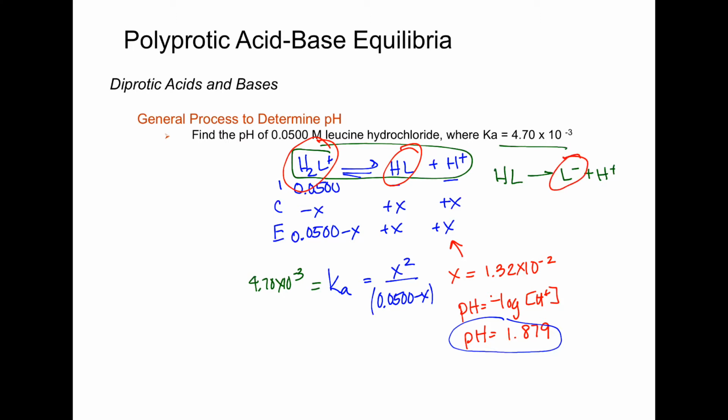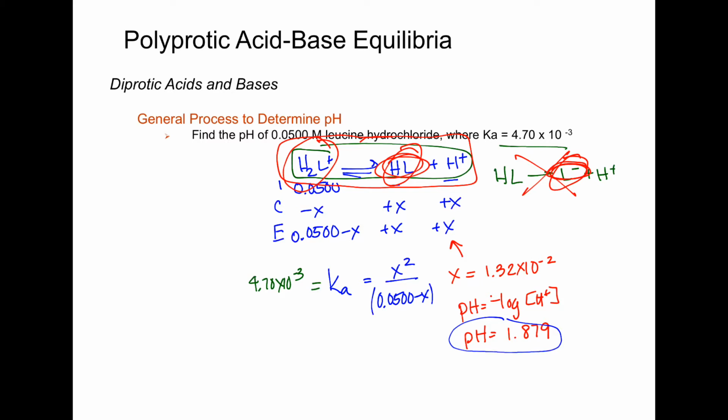And if the H2L is quite a bit higher, and even more, if the HL is much higher than the L minus, we know that this equilibrium really wasn't happening, and that assumption that the most important equilibrium is just this one, it basically stops at this point, will be true.